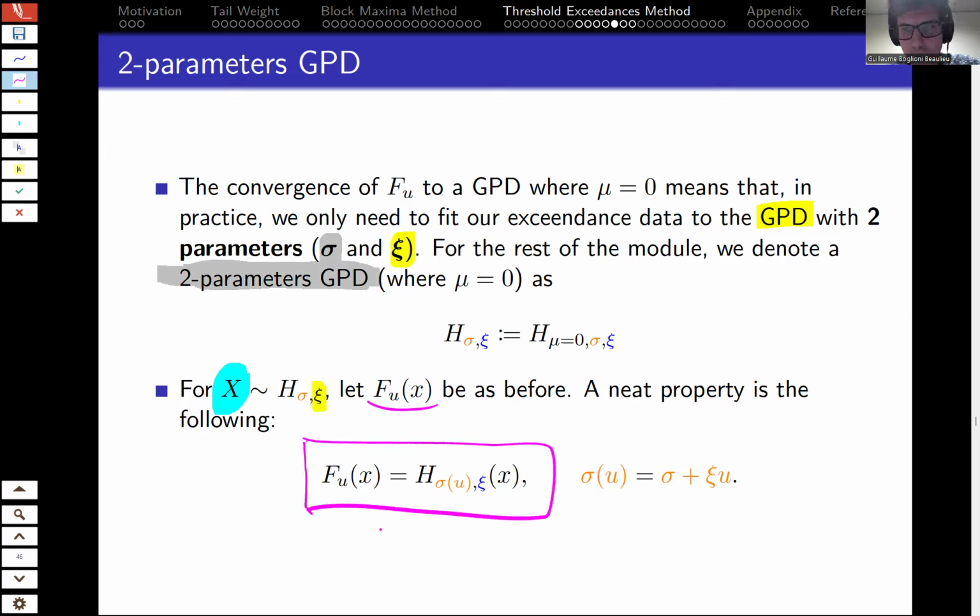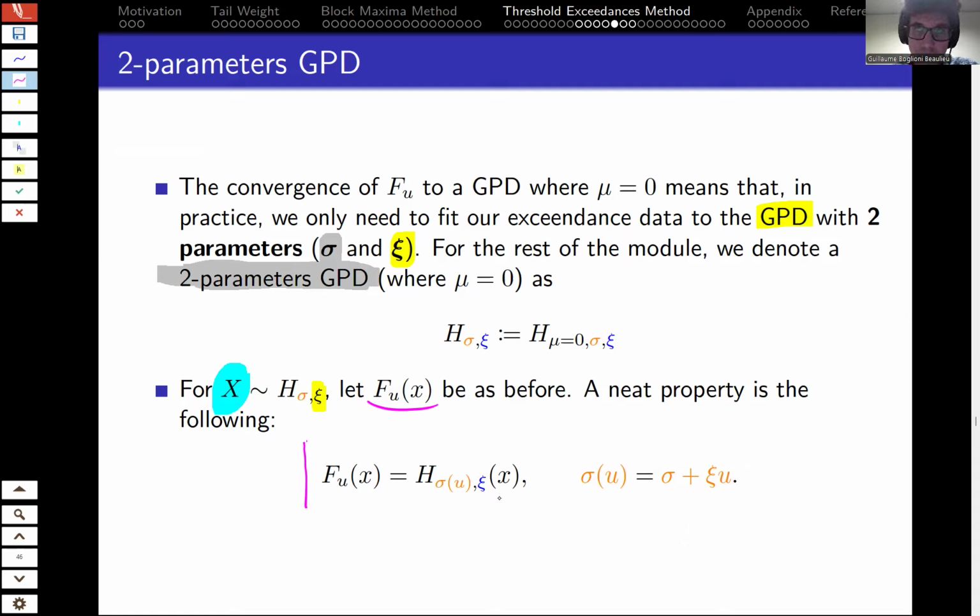This FU is just the GPD. But now what happens to this GPD? It has a new sigma. The sigma U is the initial sigma plus CU. And then that's it. The Xi is the same.